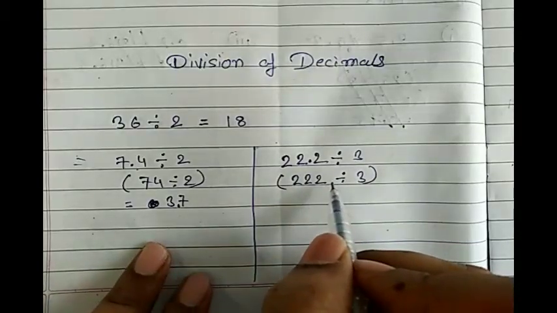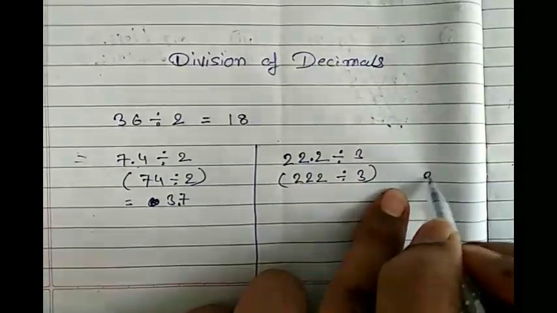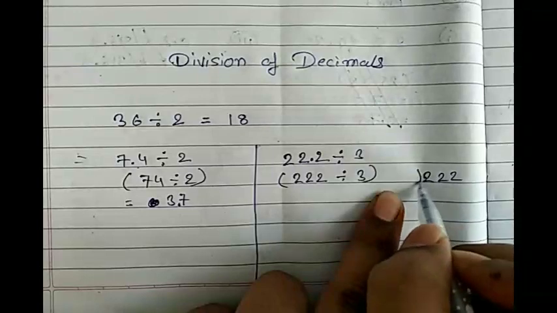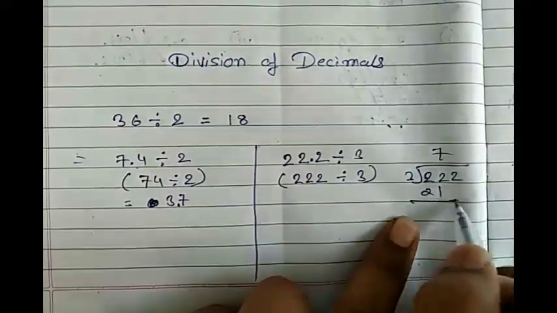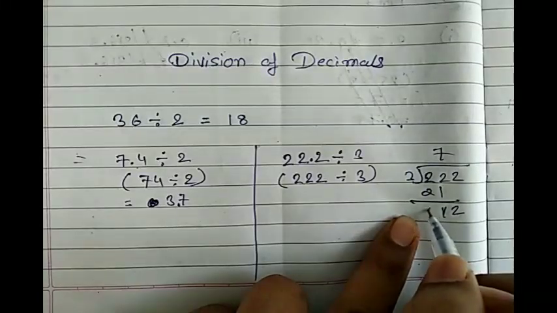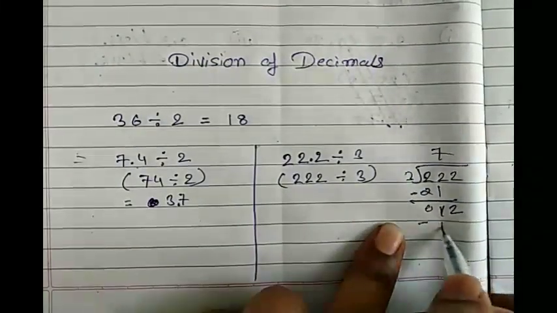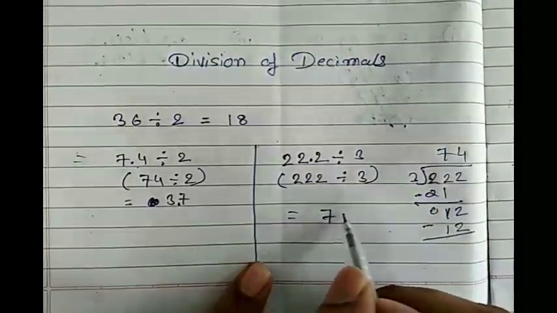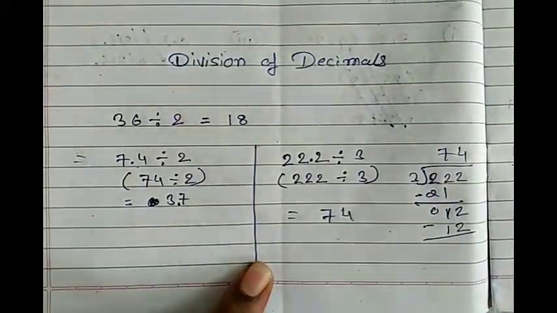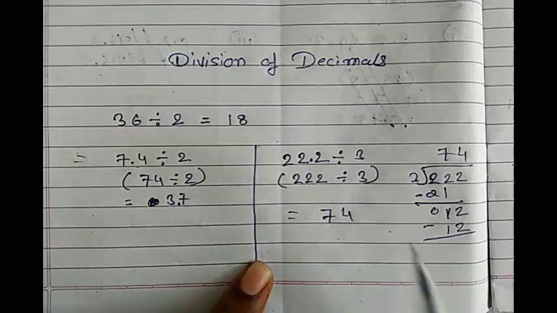When we divide 222 by 3, what do we get? 222 divided by 3, 7 threes are 21. We get 74.